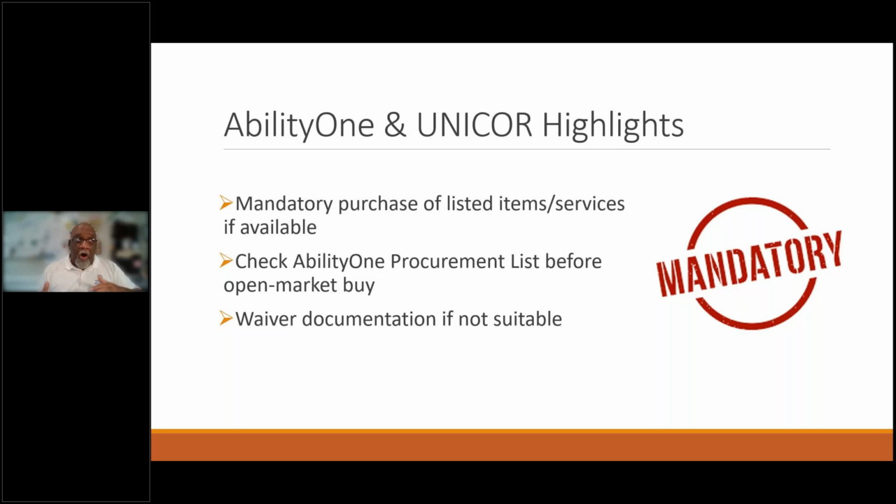Okay, if they aren't available, if they aren't viable, which may be the case, depending on what the requirement is and what's available in the marketplace from AbilityOne and UNICOR, they may not be viable. But just know that they have to make a piece of paper. They have to tell a story. If it's not viable, someone has to tell a story that it's not viable.